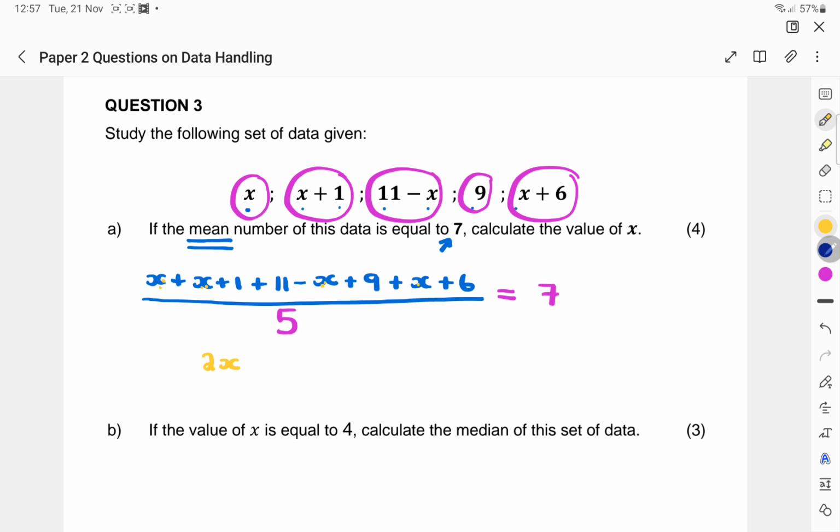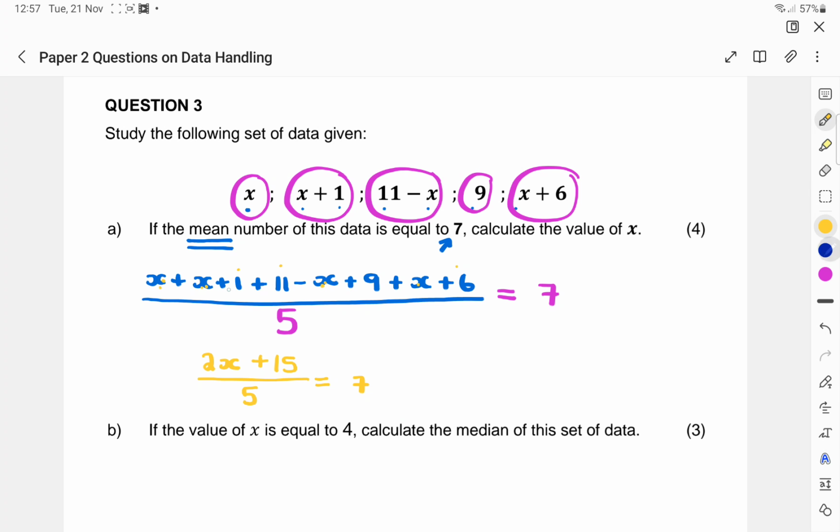Okay, can you see that? And then what are the numbers? 1 plus 11, 1 plus 11, plus 9, plus 6. Gives you plus 15. Divided by 5 gives you 7. So 2 times what? Plus 15 divided by 5 gives you 7.